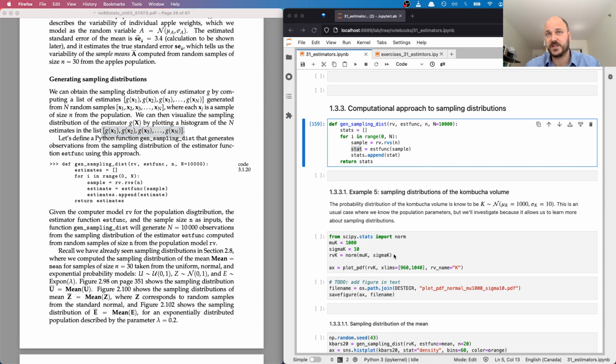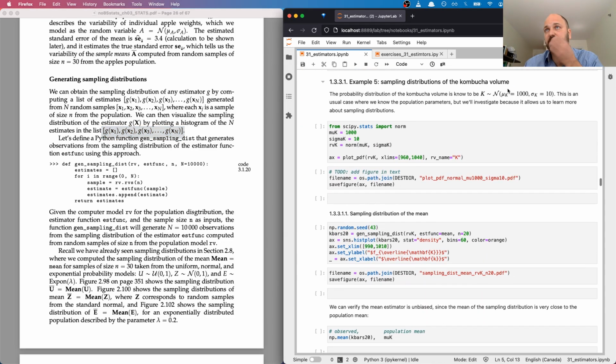Okay, let's see it in action. This will be a running example; we'll see repeatedly the kombucha volume. Imagine a bottling factory where we're brewing kombucha, and we want to create 1 liter bottles.